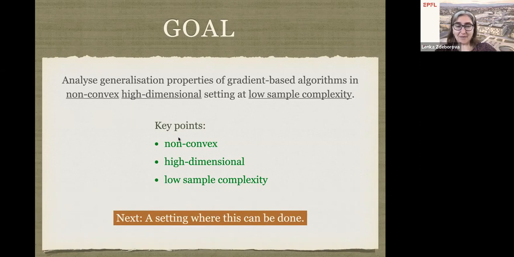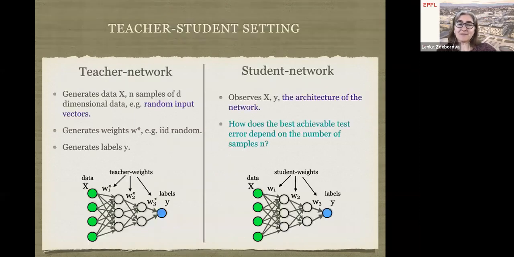And in this talk, what I will walk you through is a setting where this can be done. So a simplified setting, I will say in which sense, where we can actually understand what's going on. That setting comes from the idea of the teacher-student setup for learning with neural networks, where we abstract away the complexity of the task of the data, and we set the task the following way.